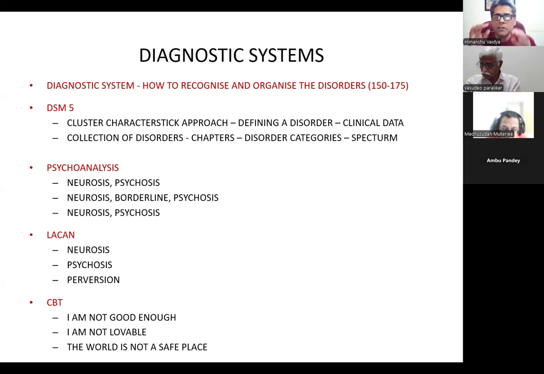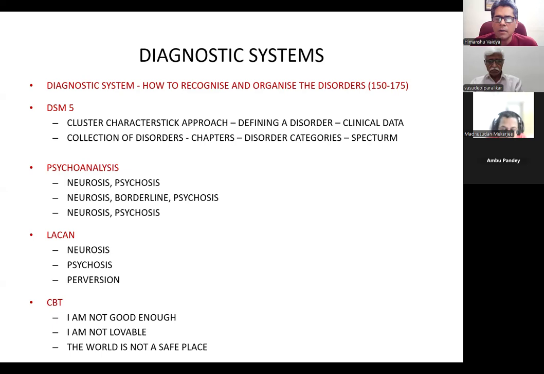And then once you name a disorder and you define a qualifying criteria and the qualifying number for a disorder, then you collect those disorders into chapters. And that is how you put together DSM.